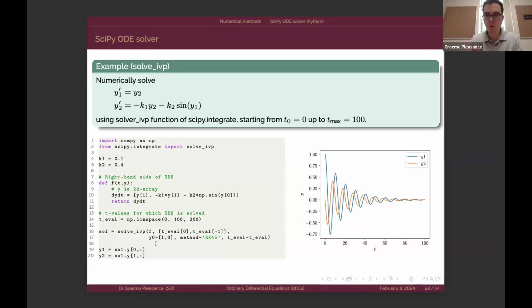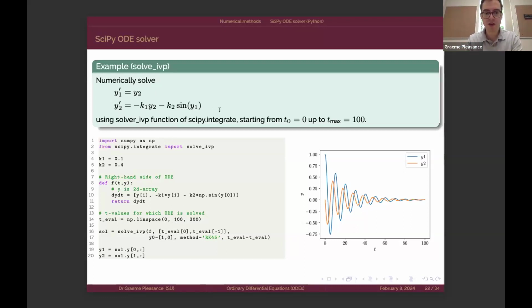Also, the important difference here compared to the previous example is that we now have to input y0 as also a pair of values. The values in this list correspond to the initial conditions attached to y1 and y2.